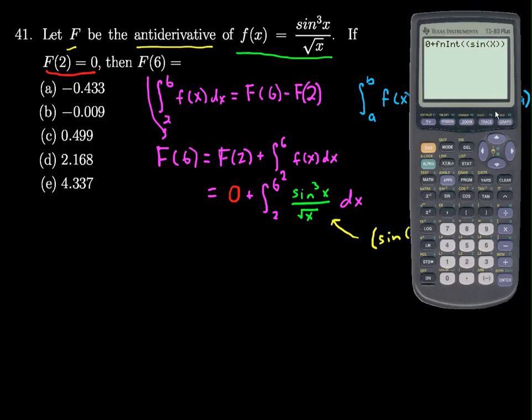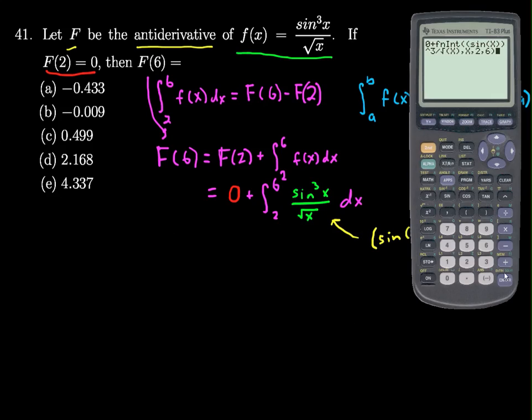So I have the sine of x to the third power, and we'll do the order of operations correctly, divided by the square root of x, close off that parentheses. Then dx from 2 to 6.